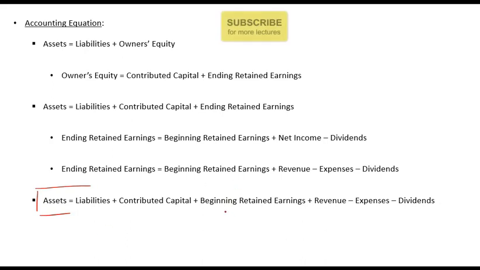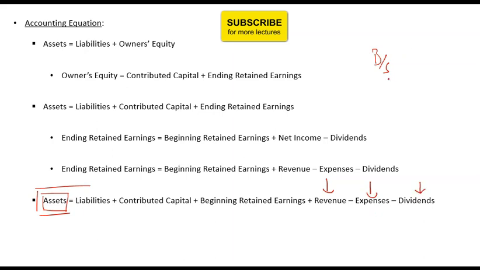Now the idea is that the balance sheet cannot be analyzed in isolation. To make the most out of the balance sheet, you need to look at the income statement as well. Why? Because the balance sheet is reporting assets, and assets are dependent on revenues, expenses and dividends.